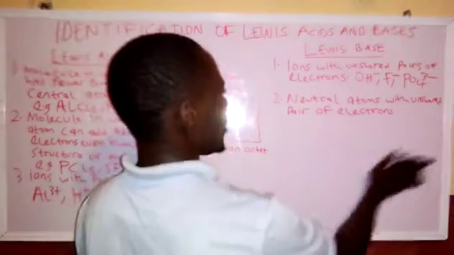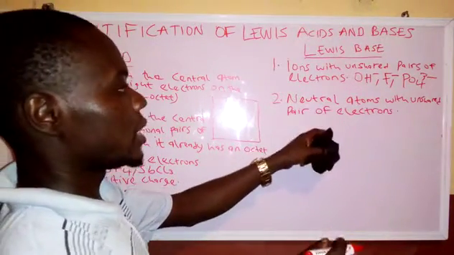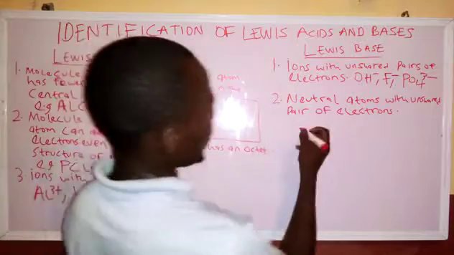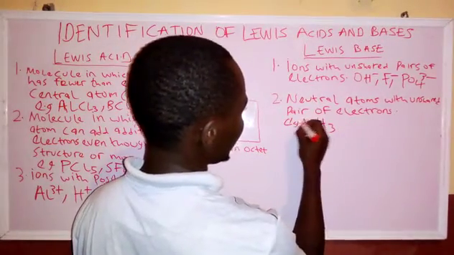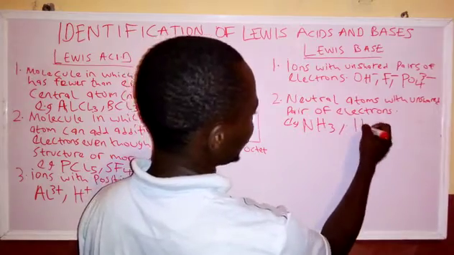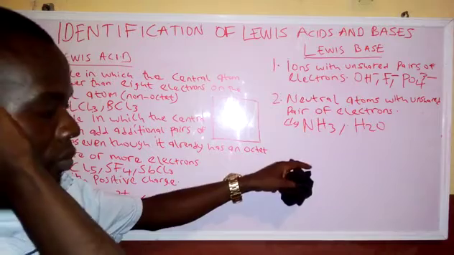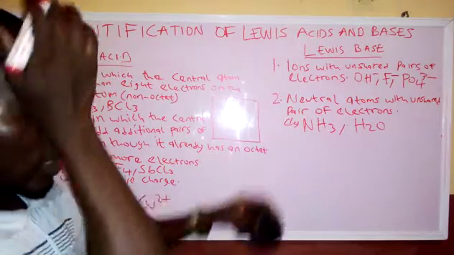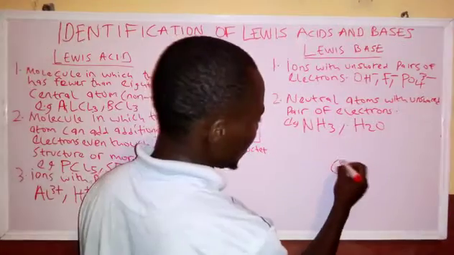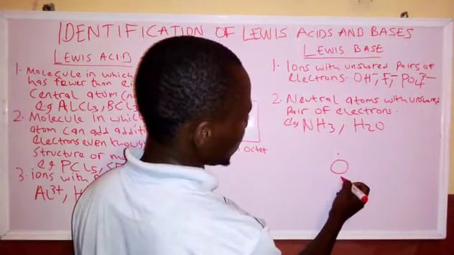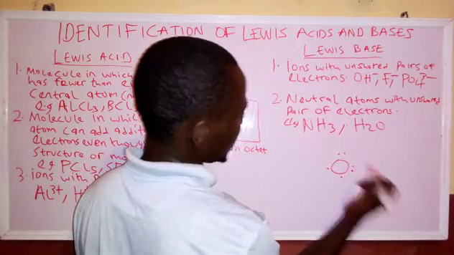Another Lewis base is neutral atoms with unshared pairs of electrons. An example is NH3 that we used in the previous example, and also H2O. Now let me use H2O for example. The same way I did, look at the electron dot for oxygen: 2, 3, 4, 5, 6.